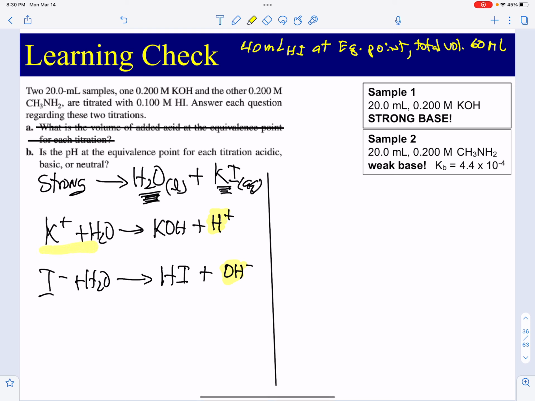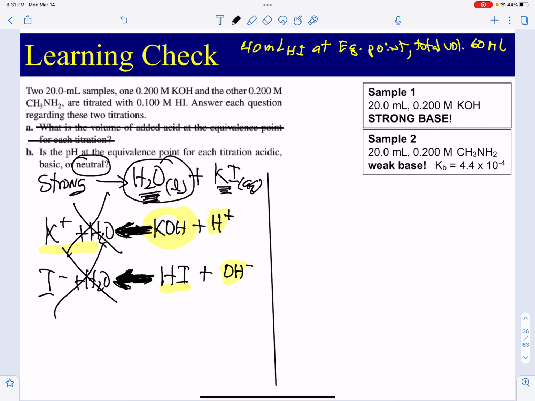This is making a strong base. The strong base is gonna go that way, so this will not happen. This is making a strong acid. So same story. That's not gonna happen like that. It's gonna happen like this. So that will not happen either. So the pH at the equivalence point is gonna be neutral, and nothing is gonna affect it because you're making water, right? What about the other one?